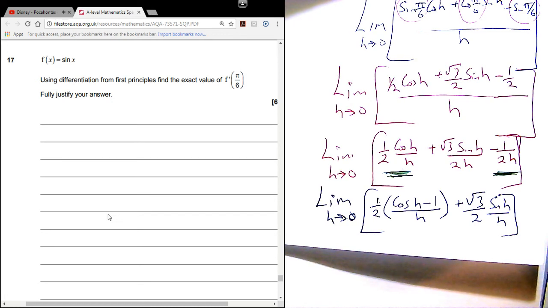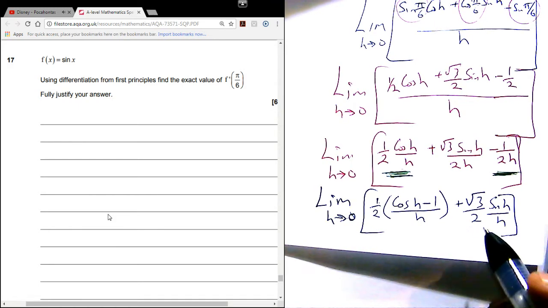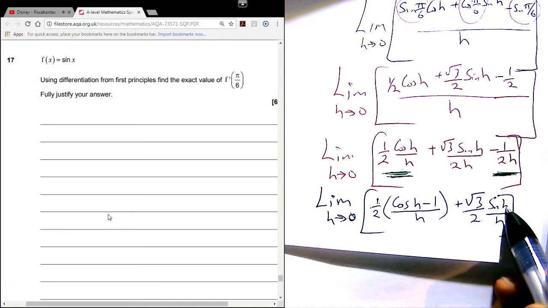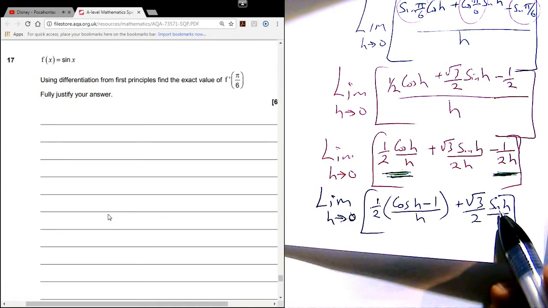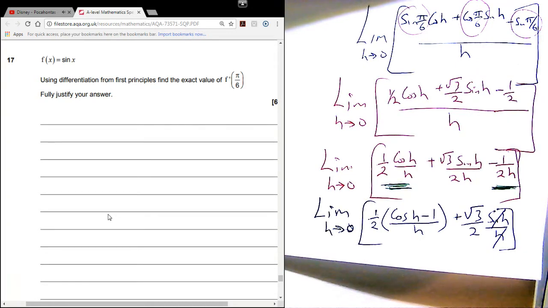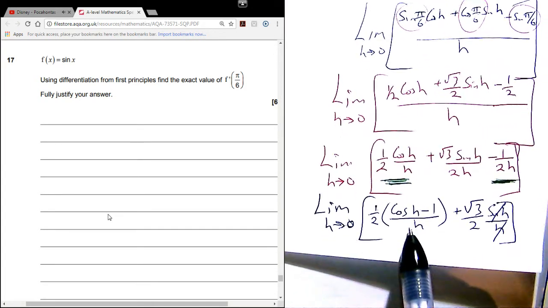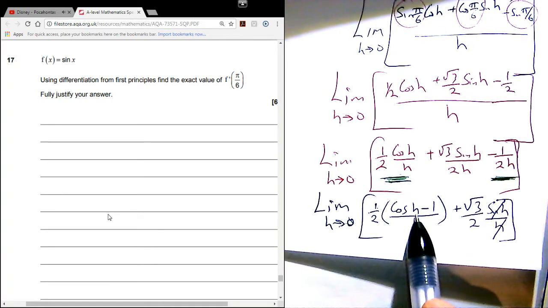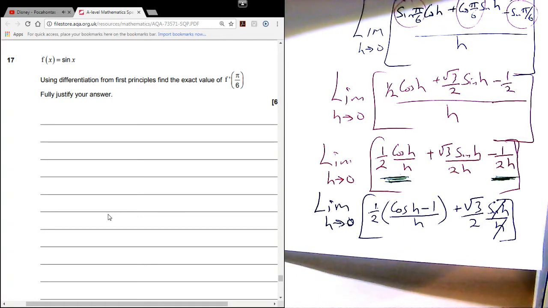What it says is that sine h would be h when h is really small. So sine h would be the same as h, and they would cancel. When h is really small, cos h would be 1 minus h squared over 2.